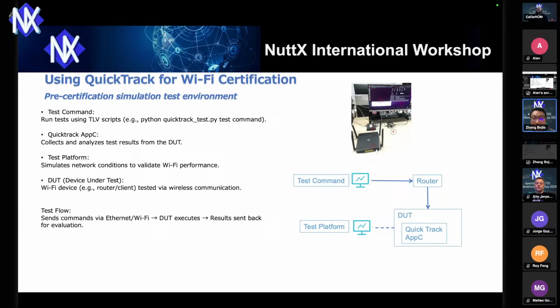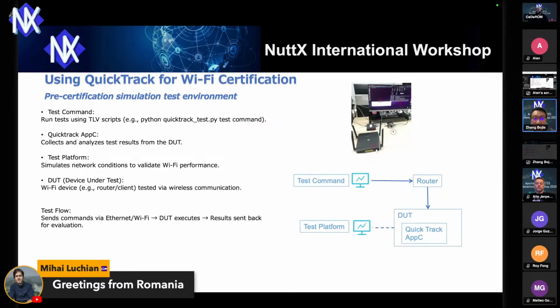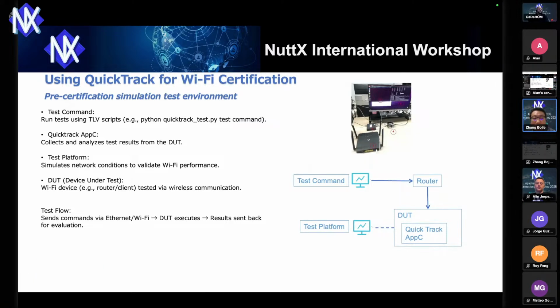Basically we have four things. The first one is the test command, which runs using TLV scripts and is triggered by a Python script. The second one is the quick track application in C that we just ported to NuttX. It runs on the DUT, and it collects and then analyzes the test results.